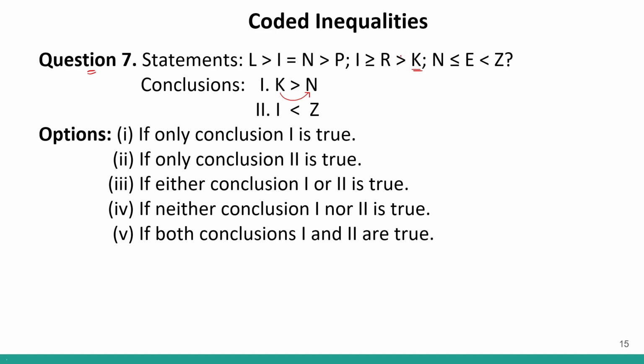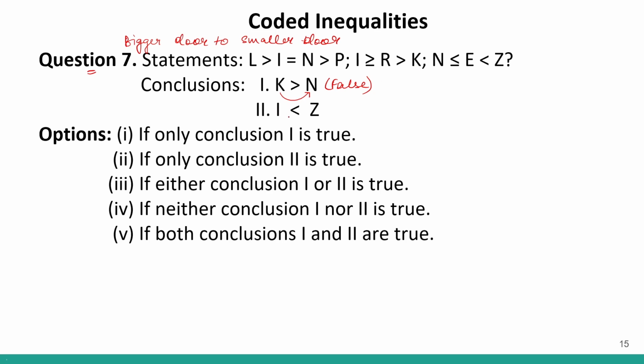I do not see a bigger door. So there is no way to proceed after K in either of the directions. Correct? I cannot proceed after K because we move from bigger door to smaller door, and I cannot proceed. Correct? That means this is false.